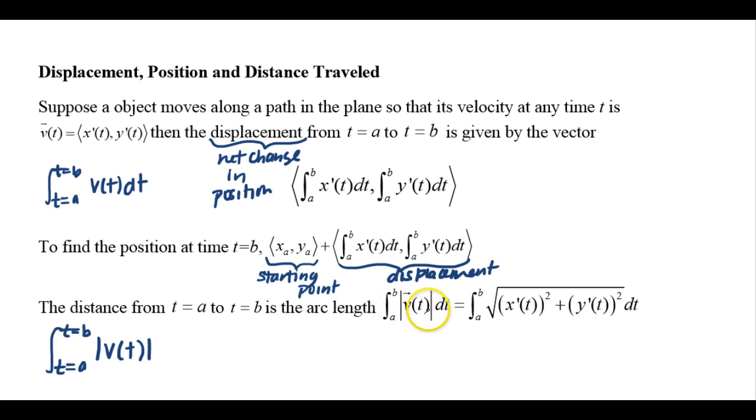So I'm integrating the norm, so that ends up being the arc length formula. So the length of the curve, so we're talking about an object that moves along a parametrically defined curve, which is ultimately what this is, because I have a horizontal component and I have a vertical component. That's going to end up being just the arc length formula.